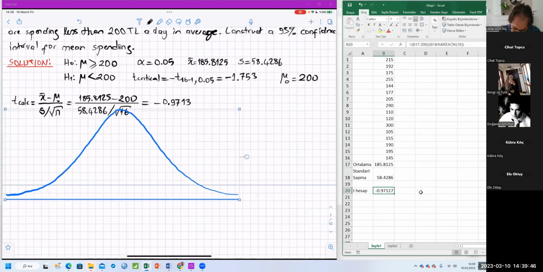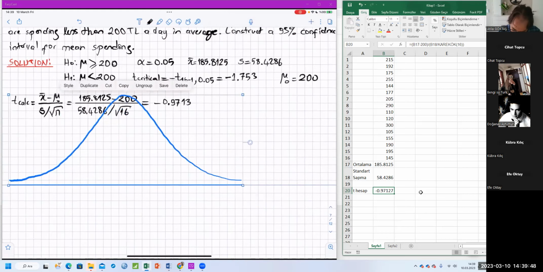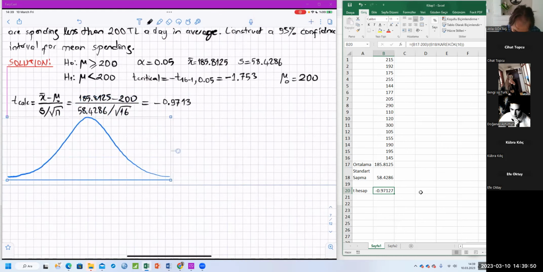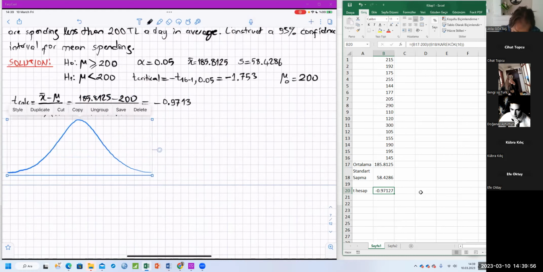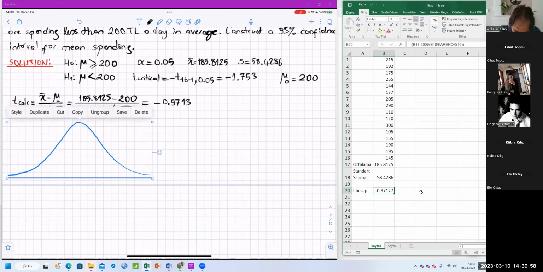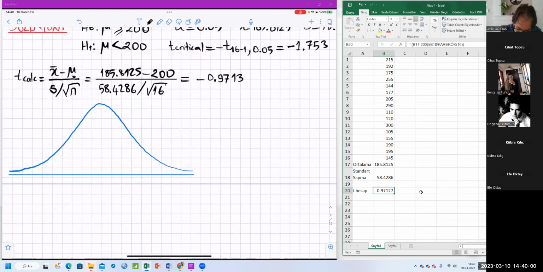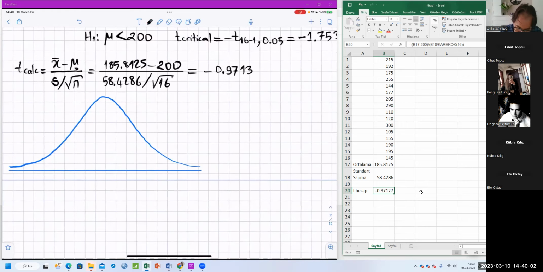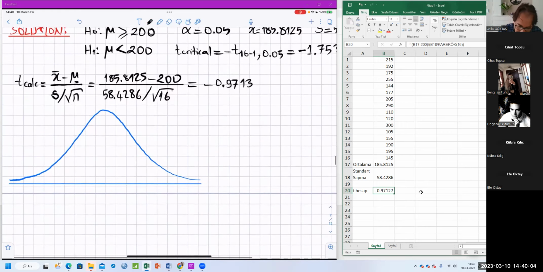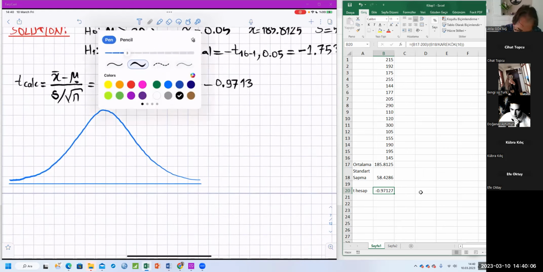I can resize it to fit in this single page. Since this is left-sided, I will place the critical region on the left.